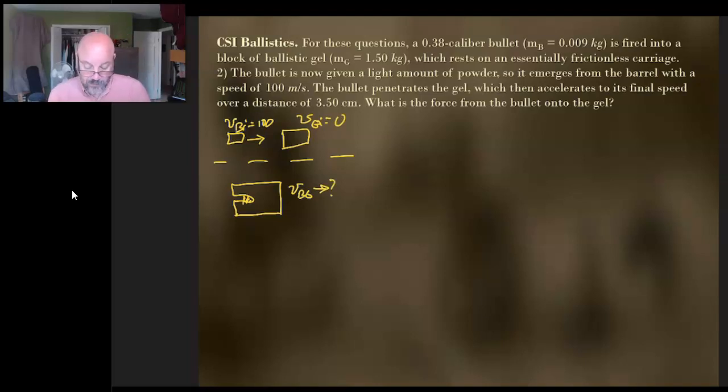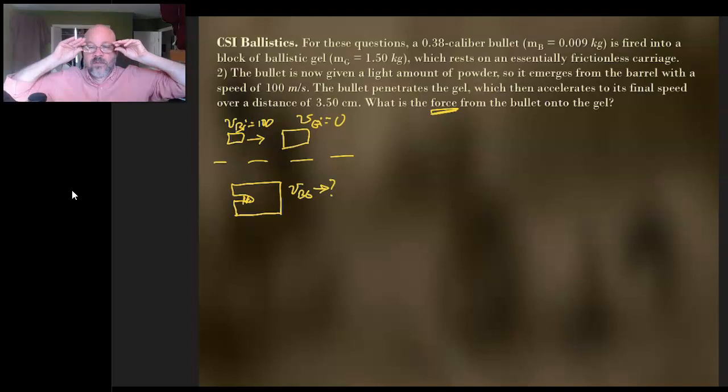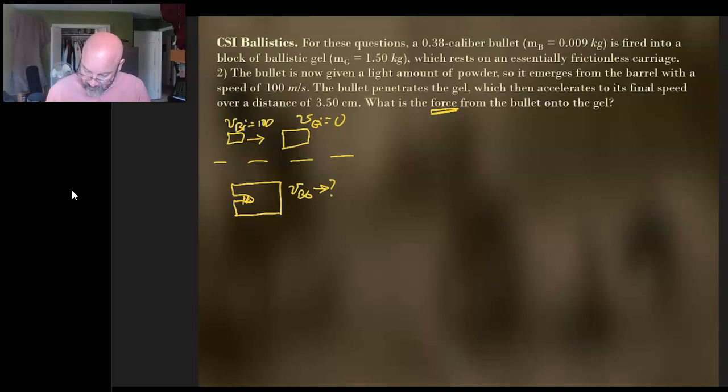Okay, we don't know what that is, but take a look. What's the question actually asking about? It's actually asking about the force from the bullet. Okay, so now we're going to get to how much force does the bullet apply to the block of gel.